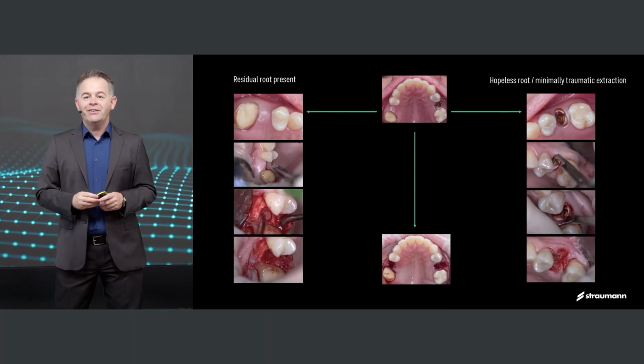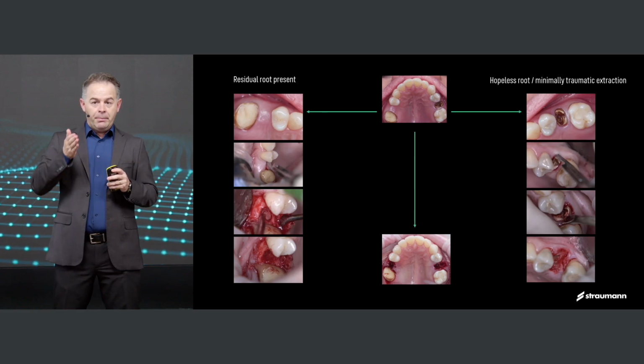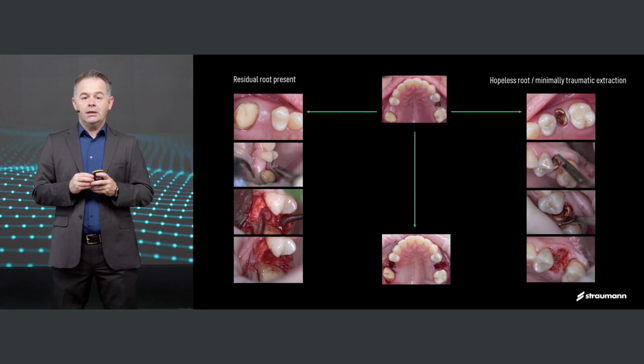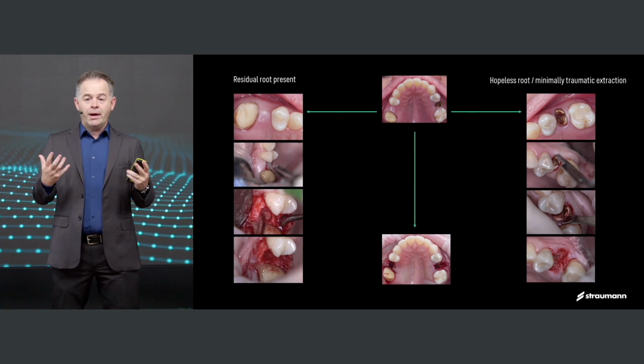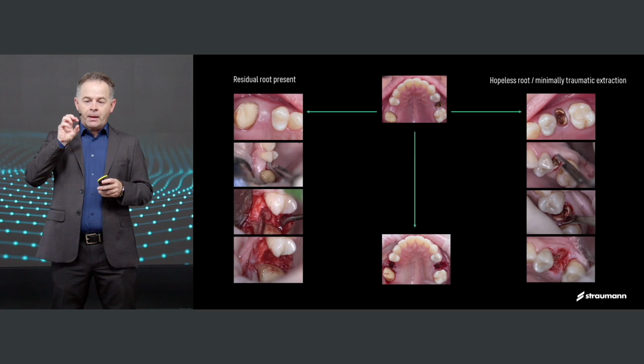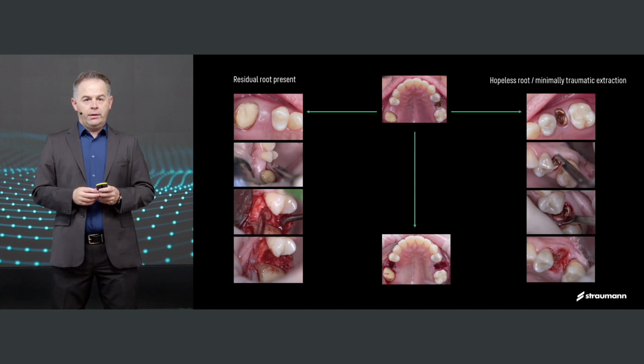On tooth number 25, I did a minimally traumatic extraction with a periotome to release that as much as possible. But unfortunately, the tooth was too compromised. It was breaking. What I had to do is to go with the burr gently around that root in order to remove it. But then I was able to extract that root and finally proceed with the implant placement.